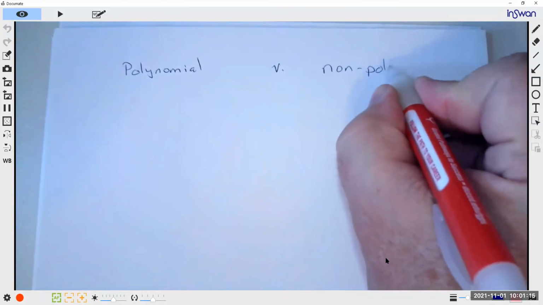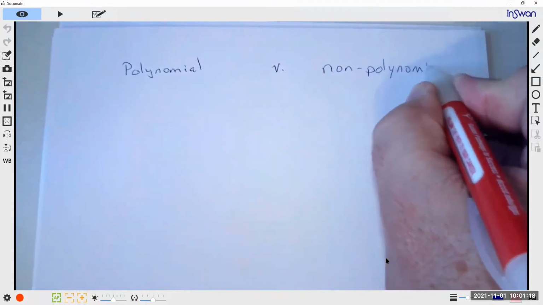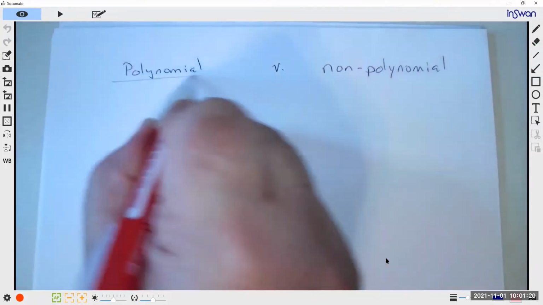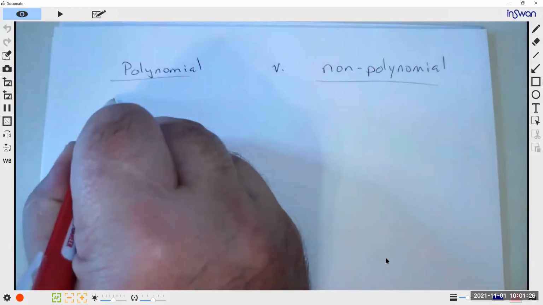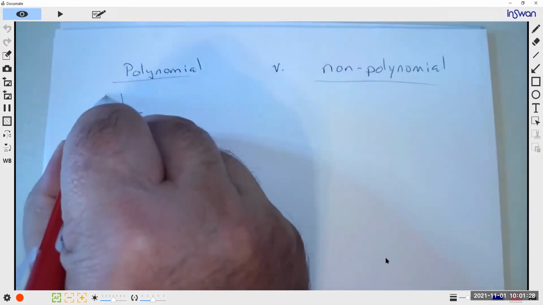Polynomials versus non-polynomial functions or graphs. Examples.